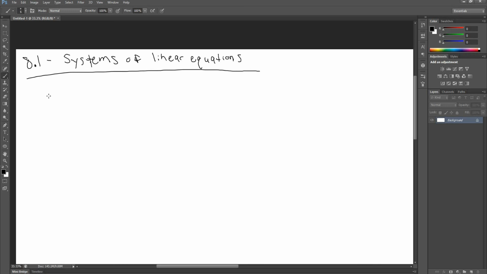So generally we have a standard form when we're looking at systems of linear equations, which is ax plus by is equal to c. This is the standard form of an equation as opposed to, say, slope-intercept, which would be y is equal to mx plus, in this case, c.